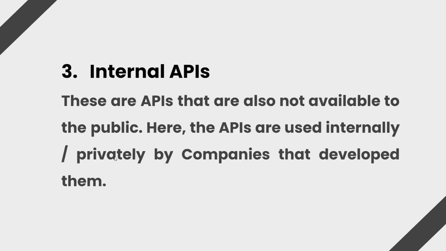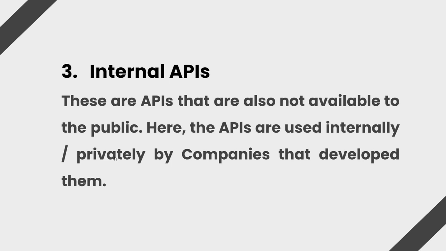Next, we have the internal APIs. Now, these APIs are also not available to the public, but they are different from partner APIs. So here, the internal APIs are used internally or privately by the companies that developed them.